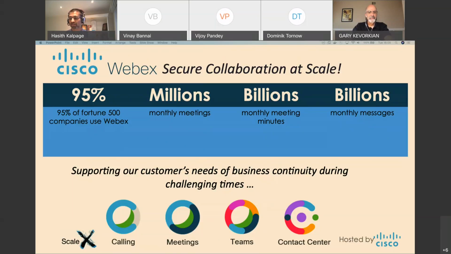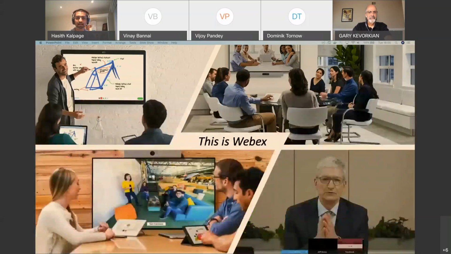Let me follow that up with a couple of visuals as to what Webex really is. There's a lot of breadth to Webex. First of all, it's used in many contexts, and you can see on the top left-hand corner, from real-time whiteboarding to conferencing in rooms, huddle spaces, and even public conferences.